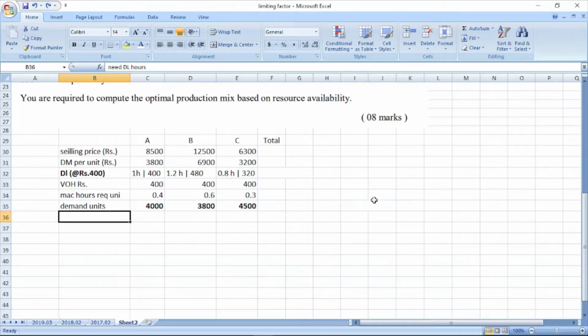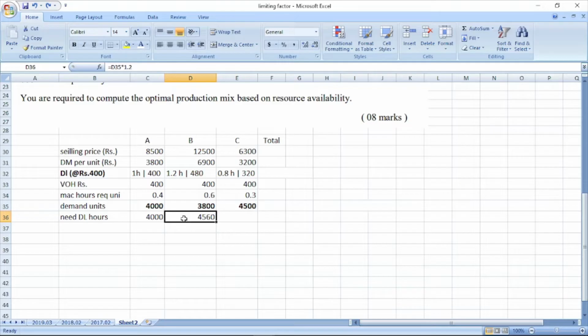Next, we see how many direct labor hours we need to produce the relevant products. First, for product A, we need 1 hour direct labor for 1 unit, multiplied by demand 4,000, it is 4,000.